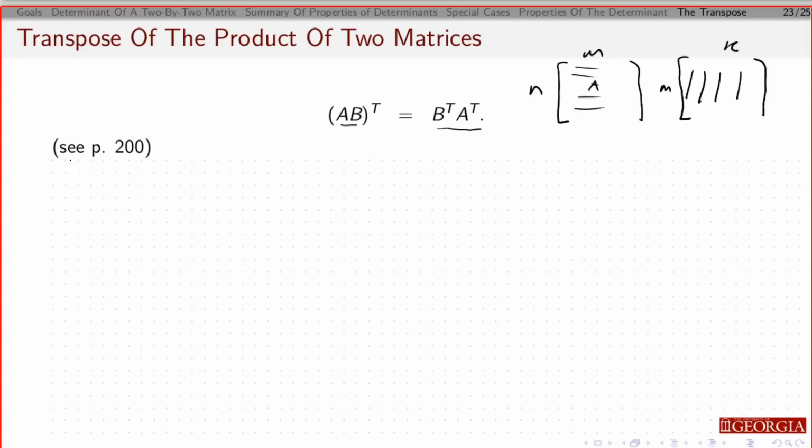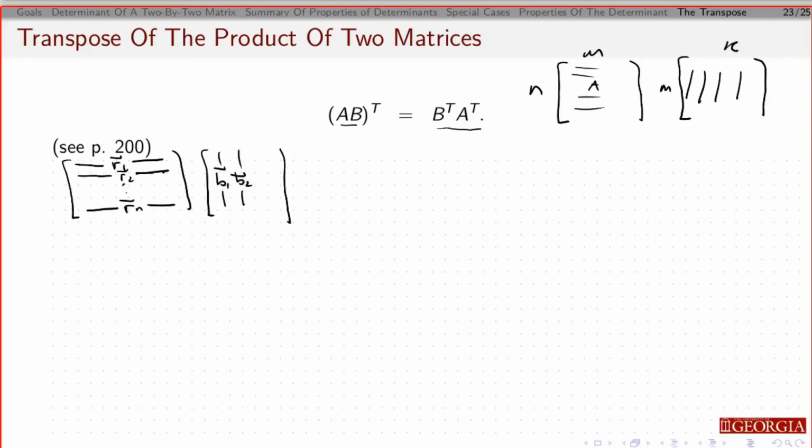So if I think of A times B, let me think of this as the first row of A, the second row of A, on down till I get down to the nth row of A. Then for B, I'm going to have the first column of B, second column of B, all the way down to the kth column of B. And so what am I after? I'm after the ith row and the jth column. So I want to know, what is that number?